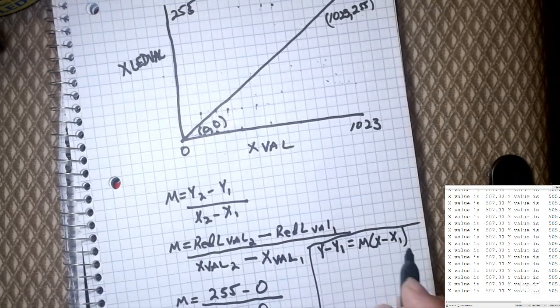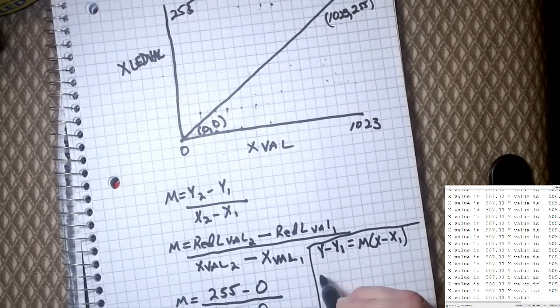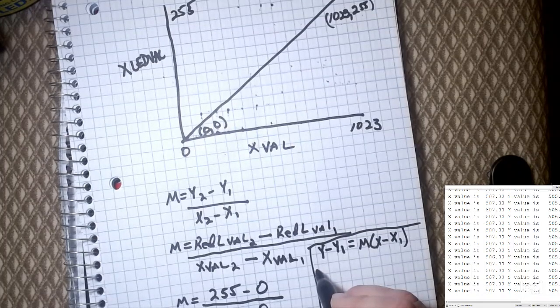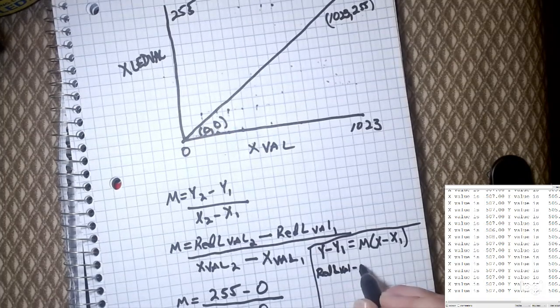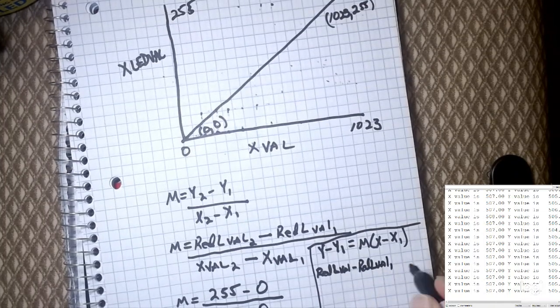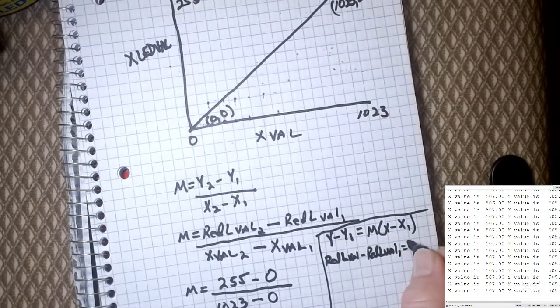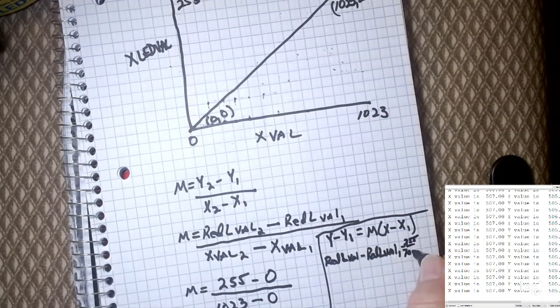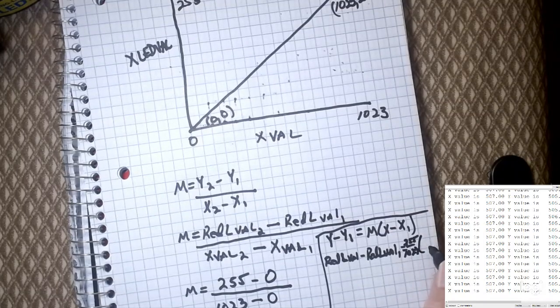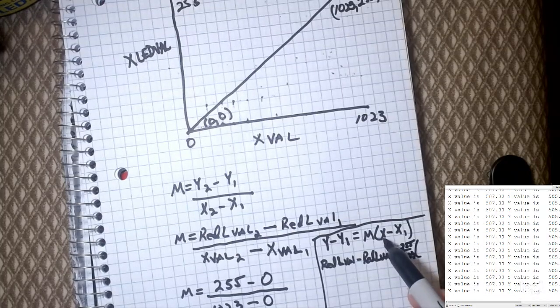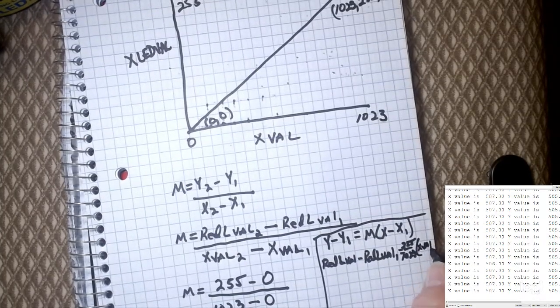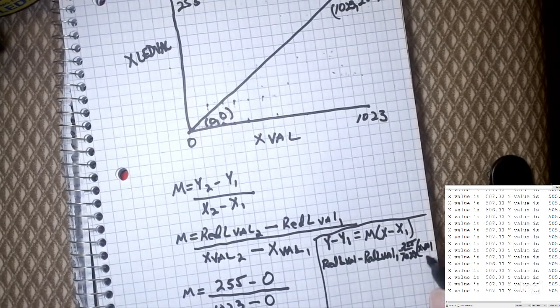So again, using our values, I'm going to have to write a little small here, that we're talking about the red LED value minus red LED value 1 is equal to our slope here, which is 255 over 1023 times our X val minus 0, right?